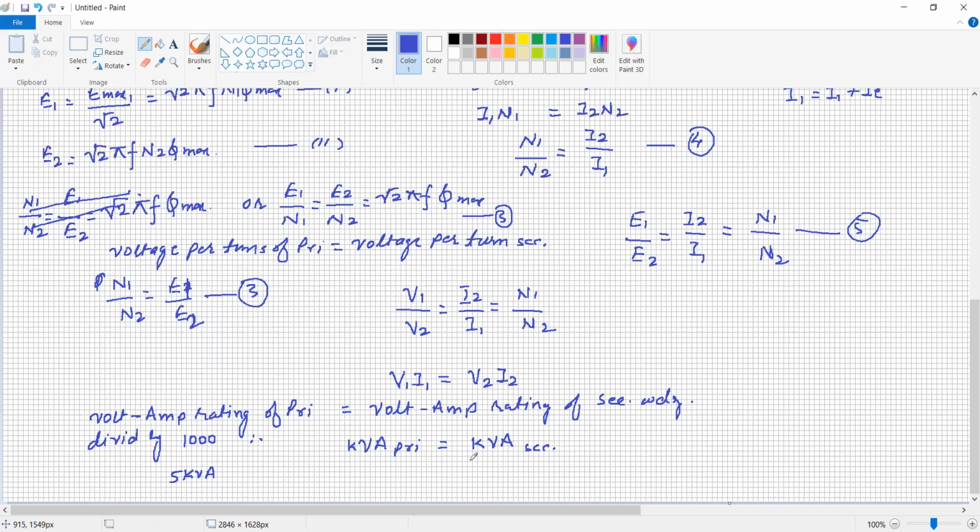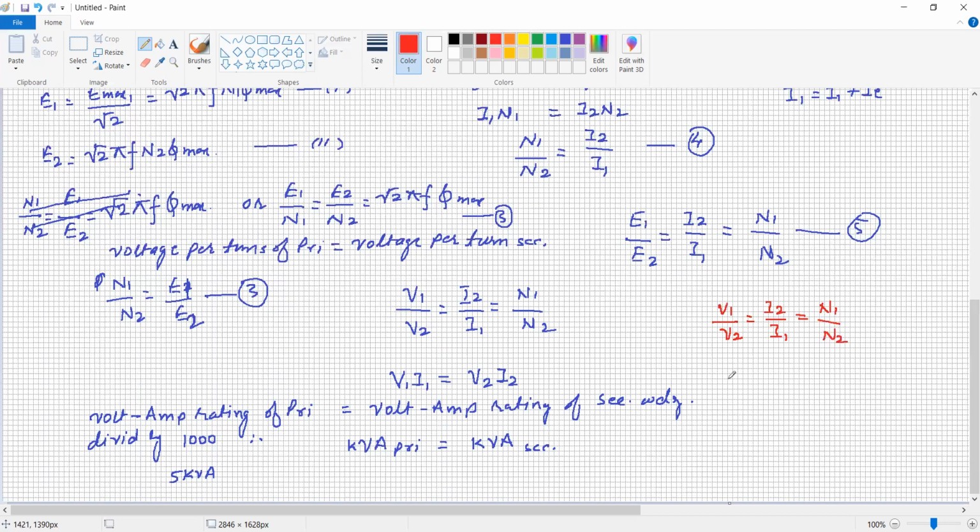So this is one more important relation we found, the kVA rating. So the important equation becomes V1 upon V2 is equal to I2 upon I1 is equal to N1 upon N2.